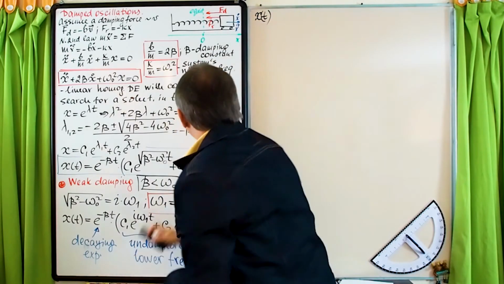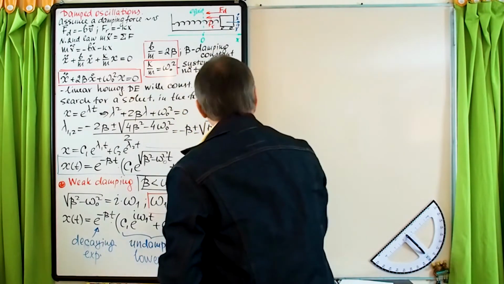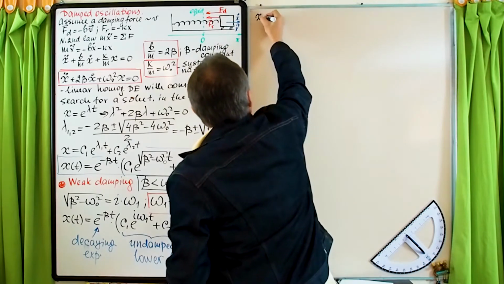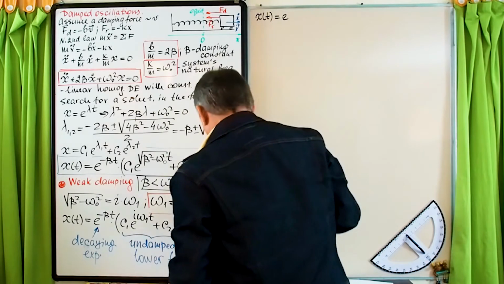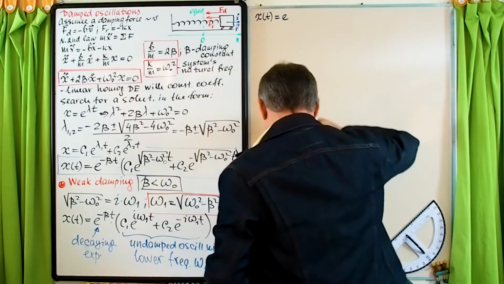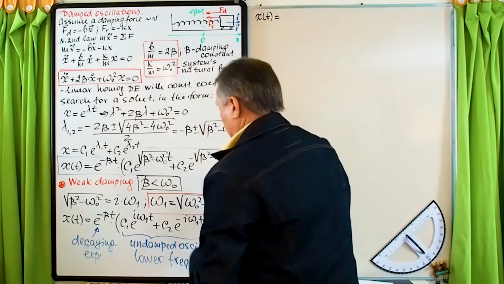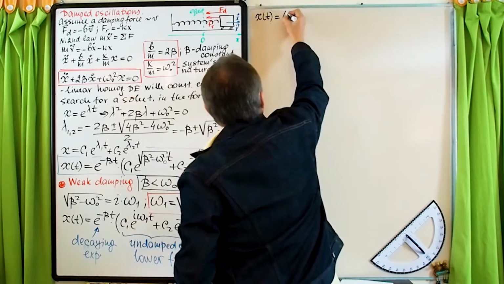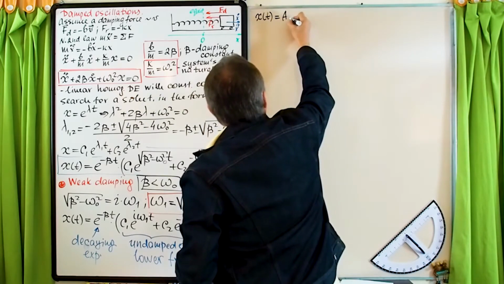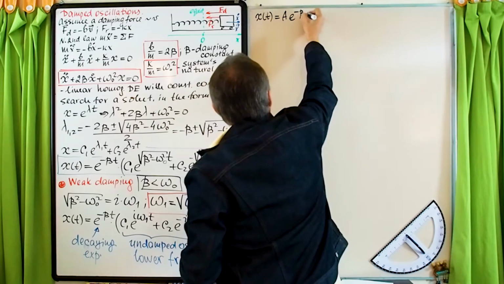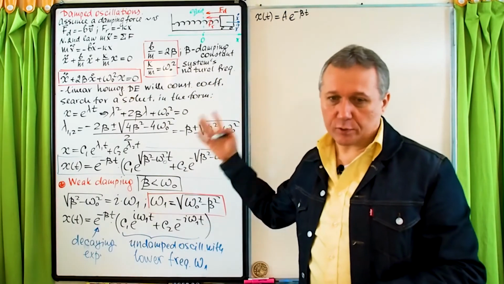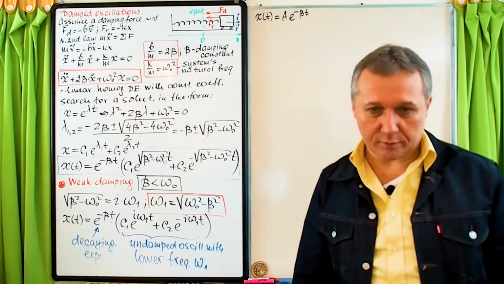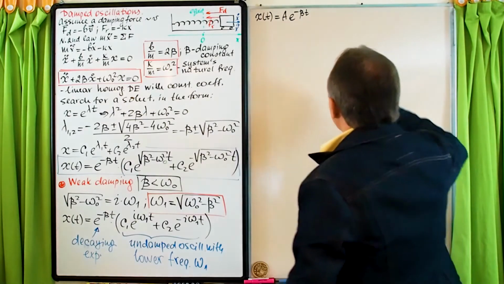Okay, you know what? Too much overlapping. Let me rewrite it. x as a function of time equals, let me first write a constant, A, times e to the power of minus beta t. We know how to make a transition from this form of the solution to the phase-shifted cosine solution; we've done it in the previous class.